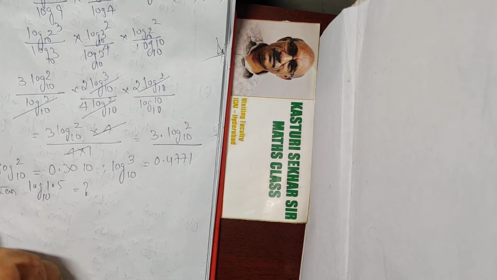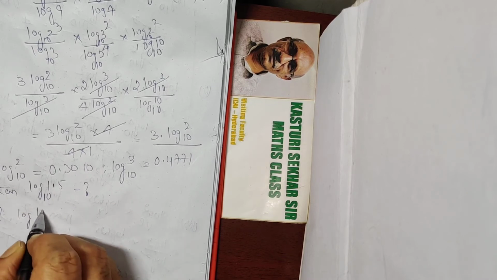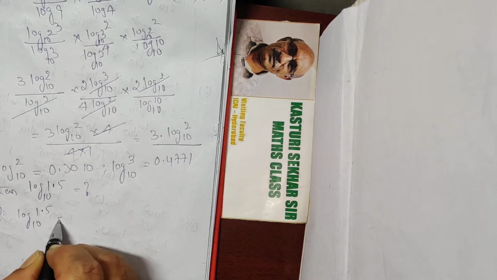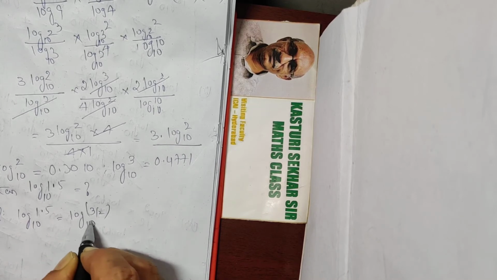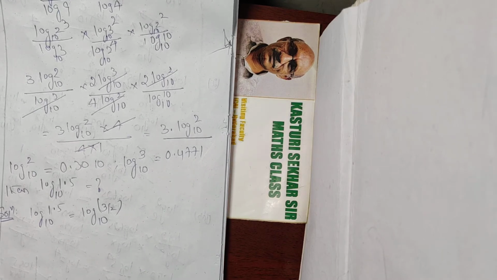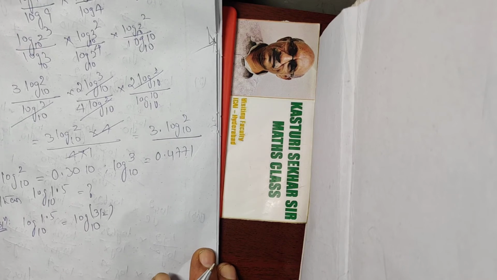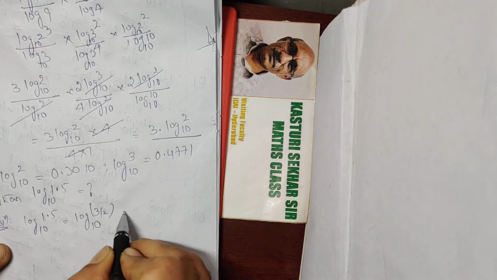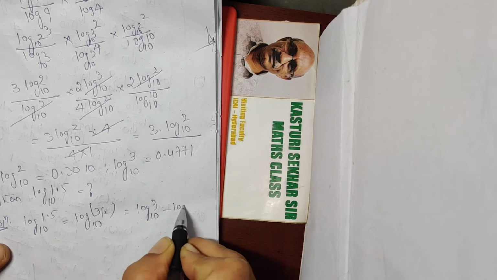Now see the solution for this. Log 1.5 to the base 10 can be written as log 3 by 2 to the base 10. Log a by b can be written as log a minus log b.